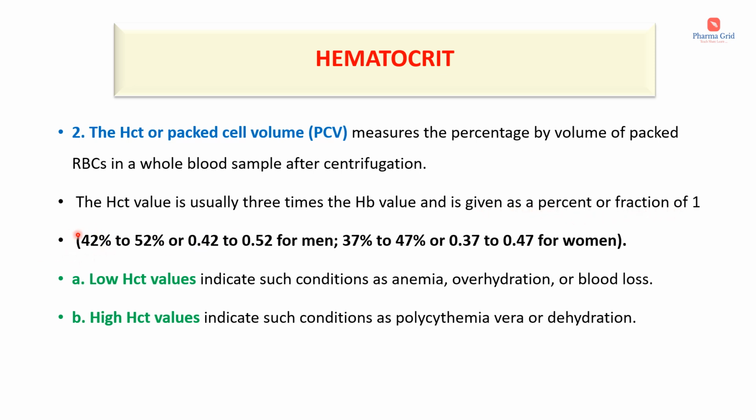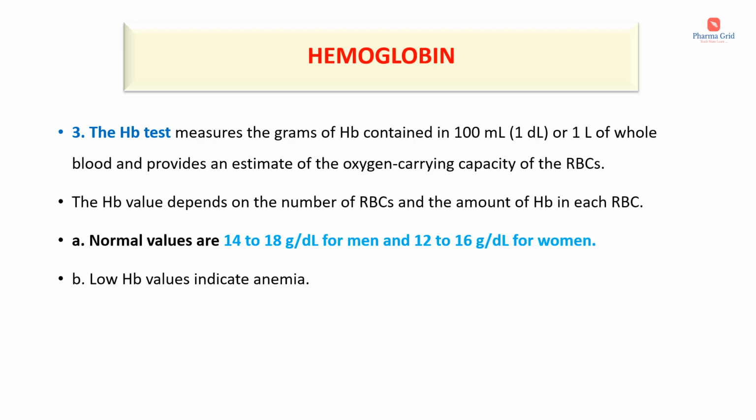Normal value is in the range of 42 to 52 percent or 0.42 to 0.52 for men, and in case of women it is 37 to 47 percent or 0.37 to 0.47. Low hematocrit values indicate conditions such as anemia, overhydration or blood loss, and high hematocrit values indicate conditions such as polycythemia vera or dehydration.